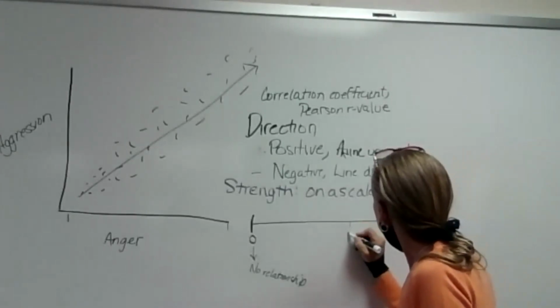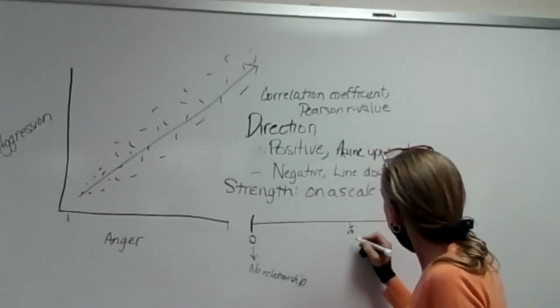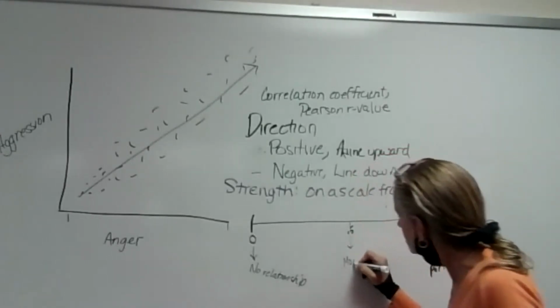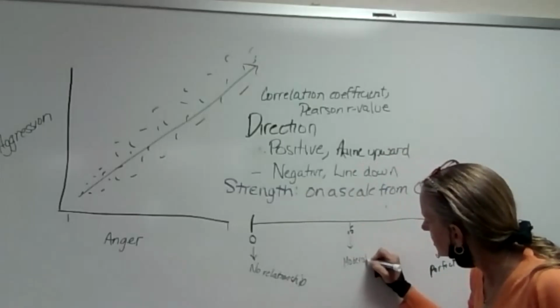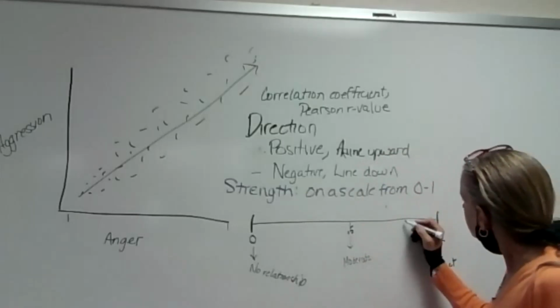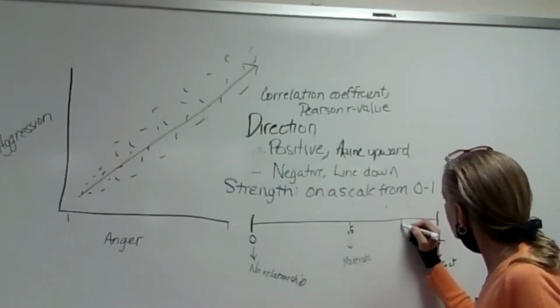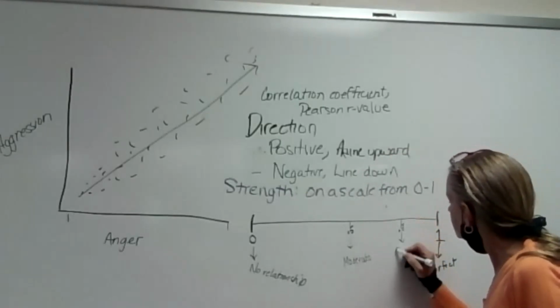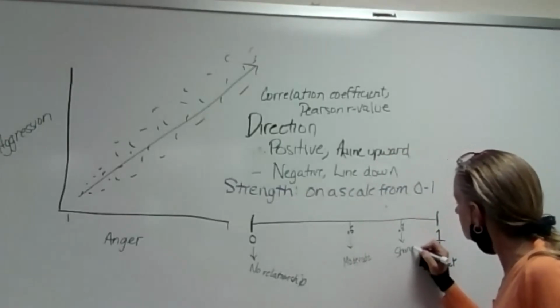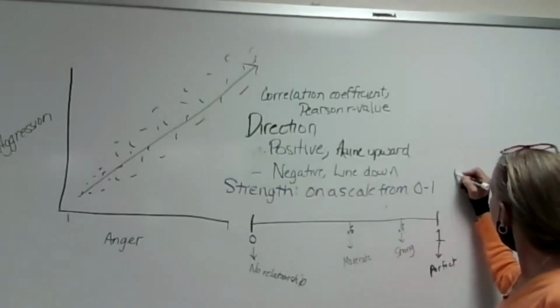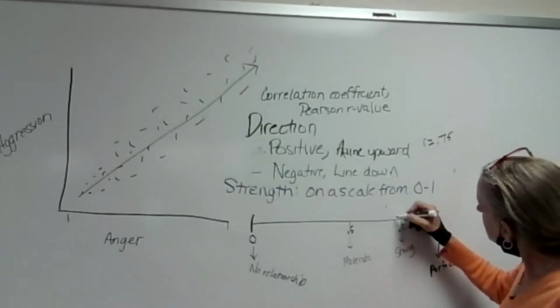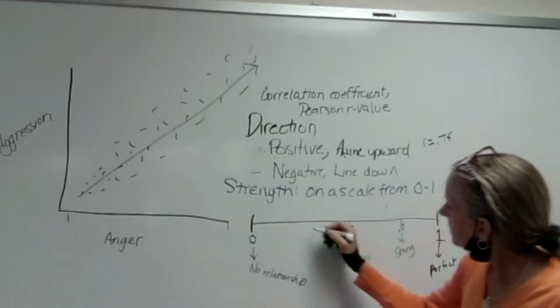Halfway through is 0.5. And if something is 0.5, we call it a moderate relationship in psychology. If it's at about 0.8, which would be way up here, we call it a strong relationship. So our 0.75 that we posed a moment ago would have fallen right about here, pretty strong.